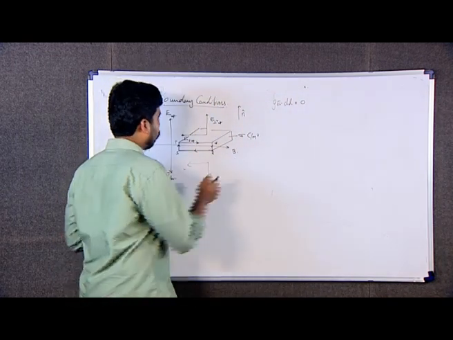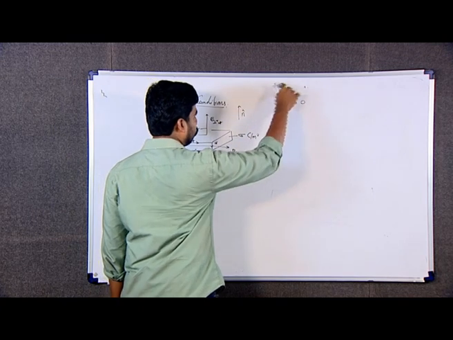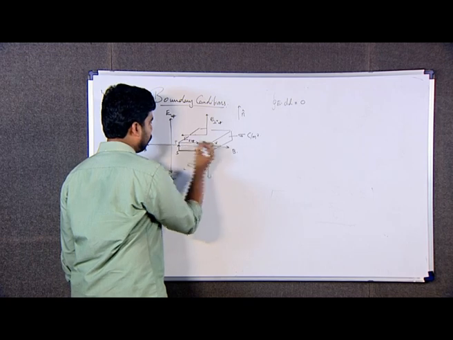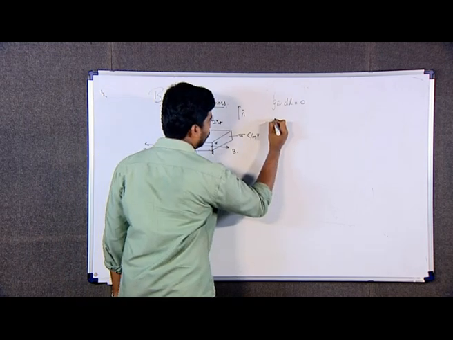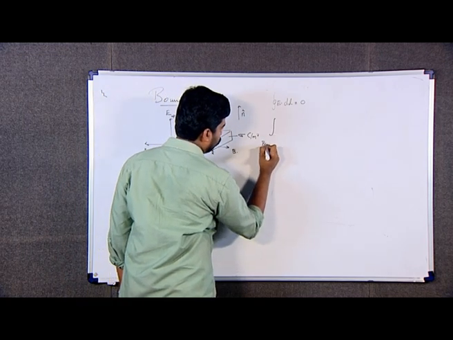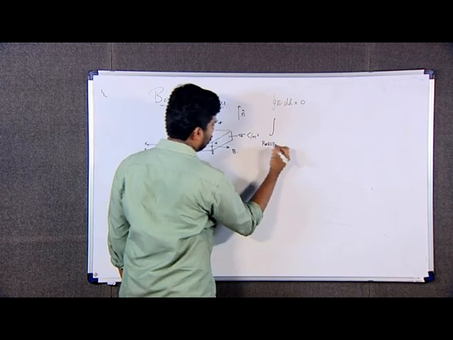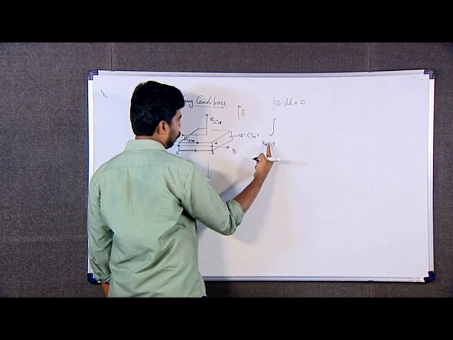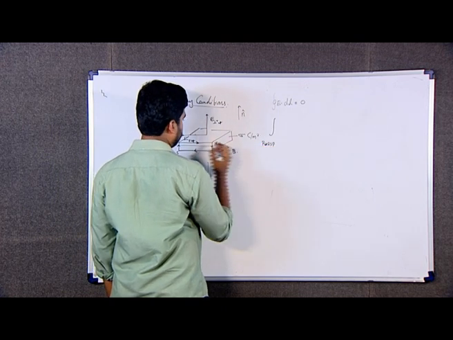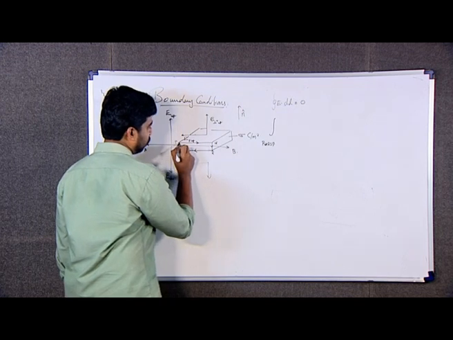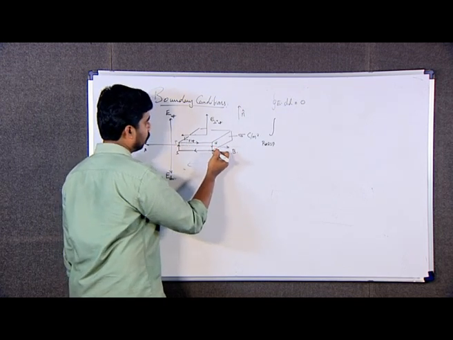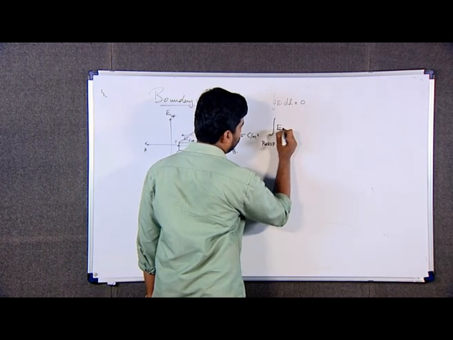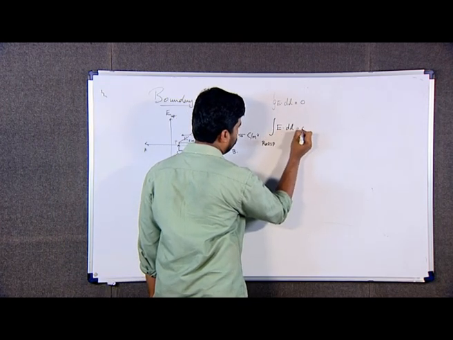So according to this, closed integral E dot dl is equal to 0, and this is a closed path PQRS. Since I want to make it a closed path, I should write it as PQRSP. Now it became a closed path, P to Q, Q to R to S, and again from S to P, integral E dot dl is equal to 0.